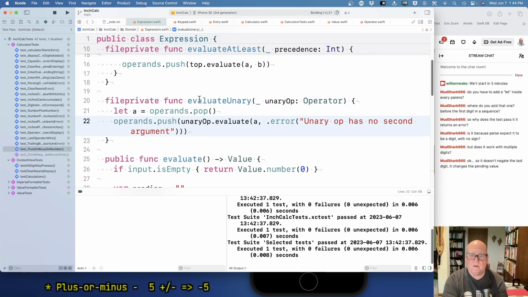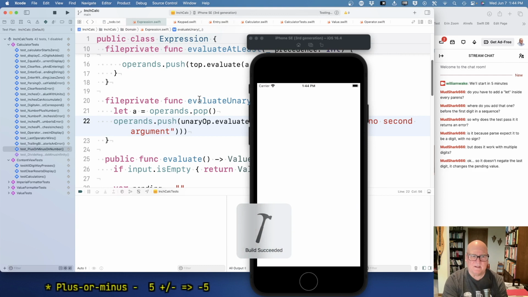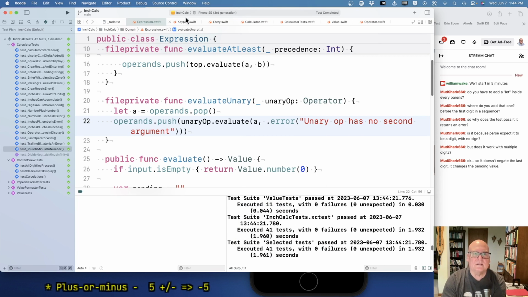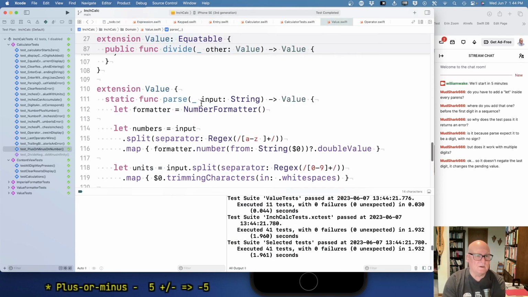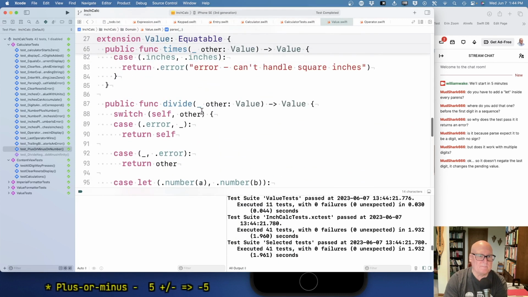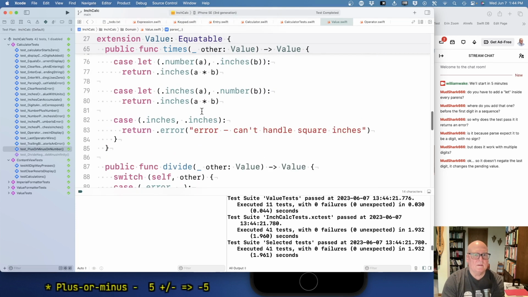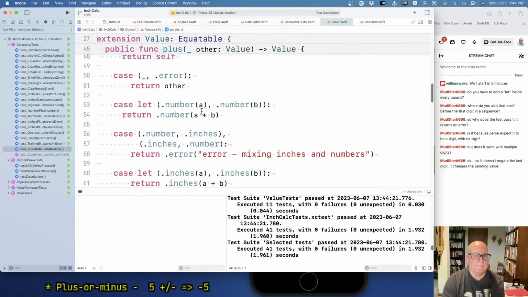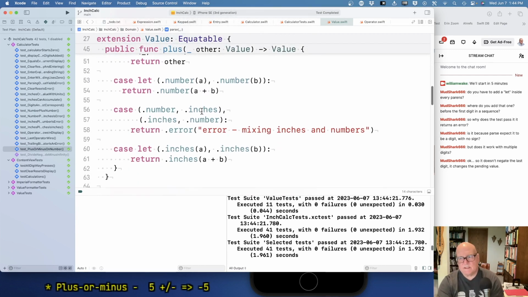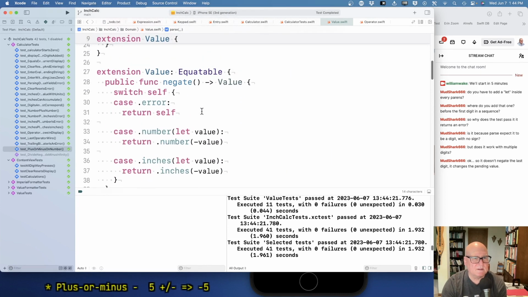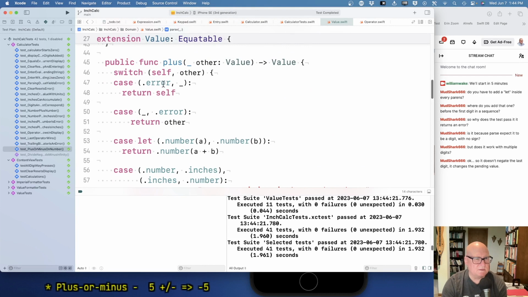But somewhere we do some stuff to see if you're combining this value with an error, then it's an error. So I'm not sure this will break that. Let's go to value. Well, the next test is inches. I am a little confused because we do say if it's an error, return it.